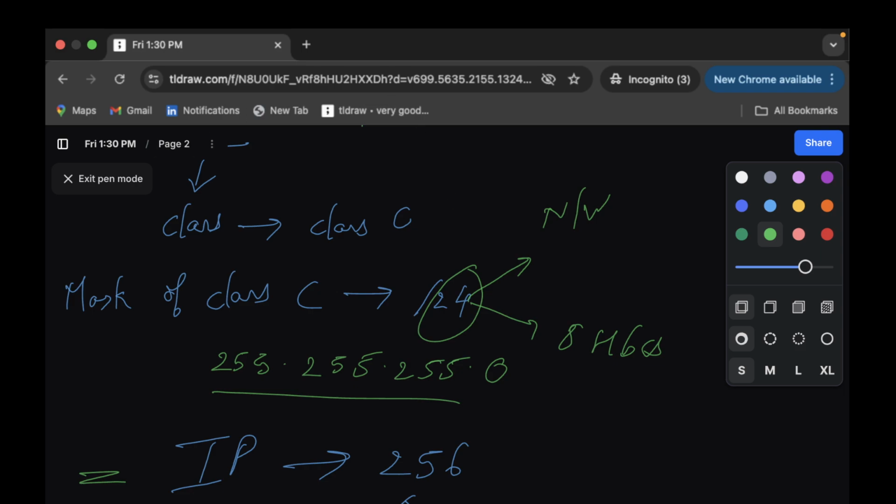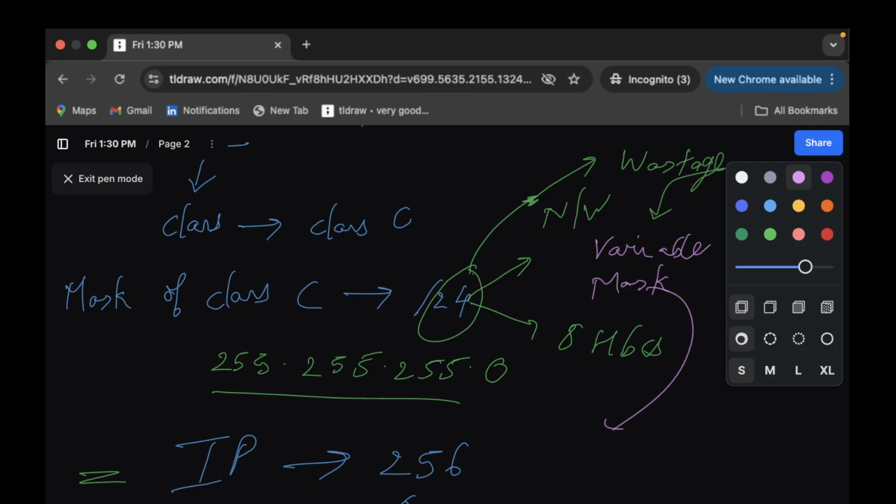So now we need to change this, because this is what is controlling the wastage. We make a variable mask. This mask decides how many bits of my IP are reserved for the host and how many for the network.